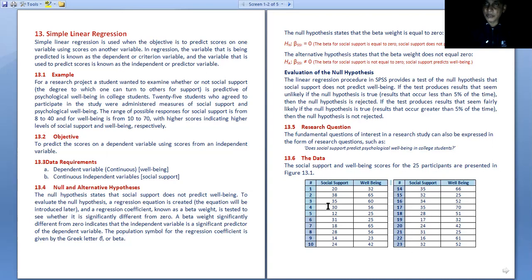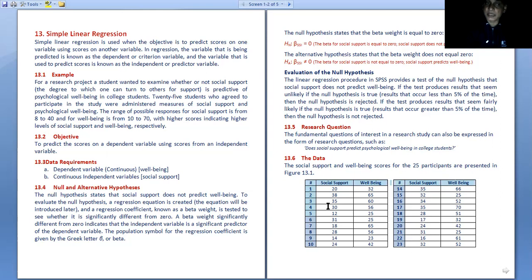So we are using social support as a predictor variable to measure the psychological well-being of students, which is the criterion variable. Coming to the objective here, when we talk about simple linear regression, we are basically looking at predicting the values of the dependent variable using the independent variable.